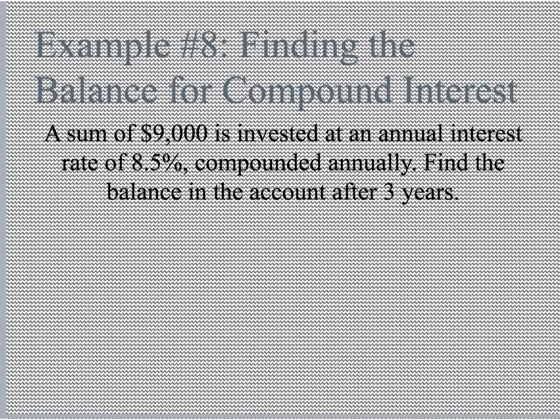All right, for example A, it says finding the balance for compound interest. A sum of $9,000 is invested at an annual interest rate of 8.5% compounded annually. Find the balance in the account after 3 years.